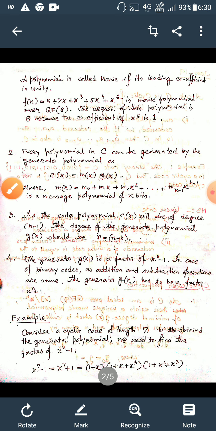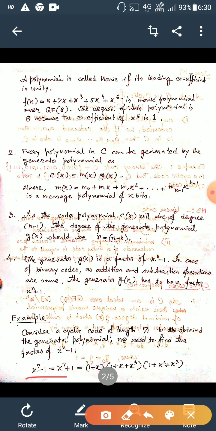The question is: consider the cyclic code of length 7, obtain the generator polynomial. We have to identify the generator polynomial. So initially, for this term, we have to identify the factors.